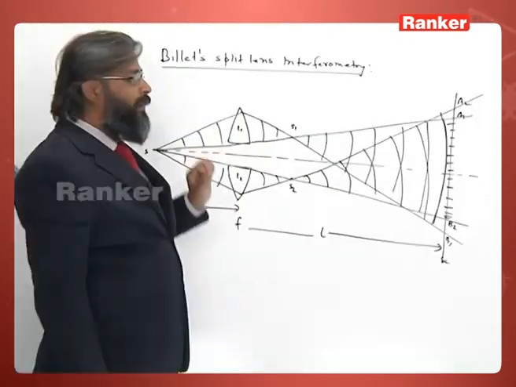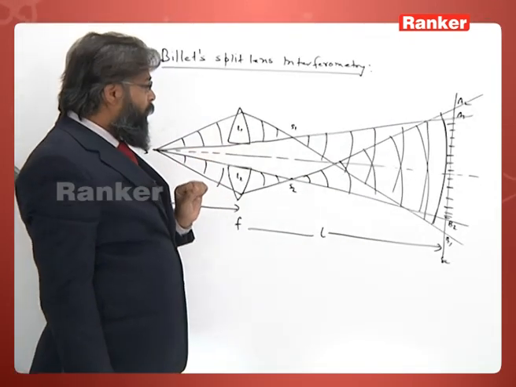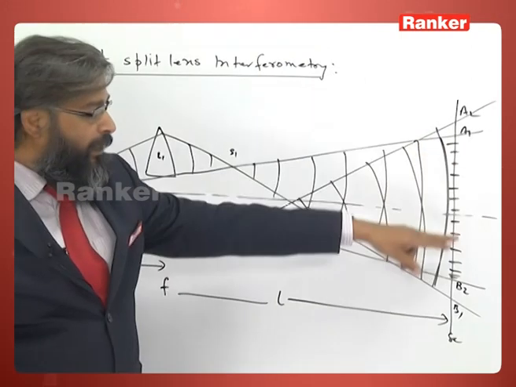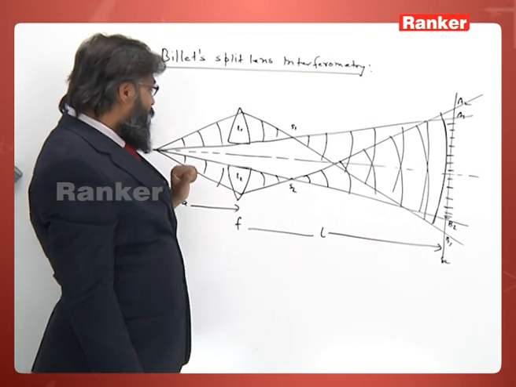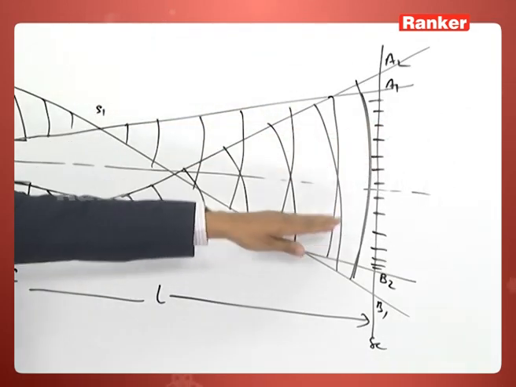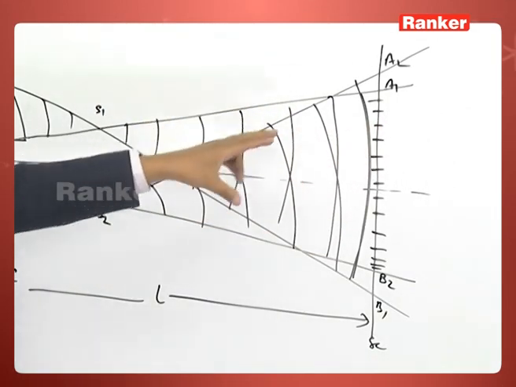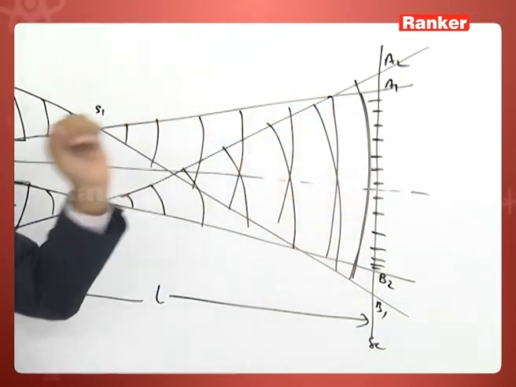So this is how the interference is formed. This is the region where interference fringes will be there. So we will now calculate what is the fringe width and how many fringes will be formed at these locations.